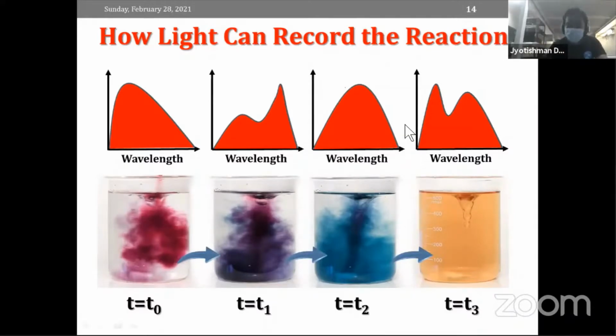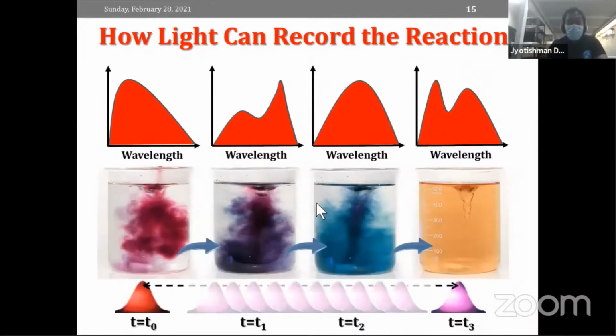So what I am going to do here is start the chemical reaction with a femtosecond light. Then, using the second light, that is the stopwatch, I am going to record the color after several time delays. But remember, this time delay is in the order of hundreds of femtoseconds.